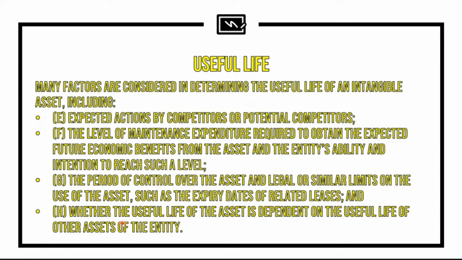And then letter H, whether the useful life of the asset is dependent on the useful life of other assets of the entity. So meaning there is no independent useful life, but rather its usefulness depends on another. So it is simply an attached item. That is why there are problems that we encounter wherein an entity will purchase another patent, but the patent is only purchased to protect the existing patent.